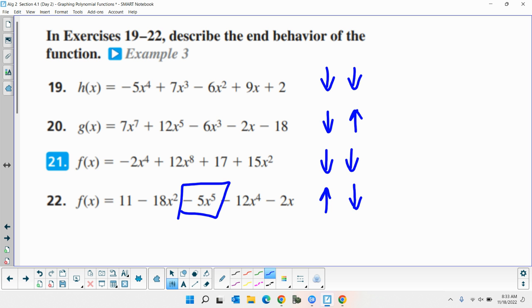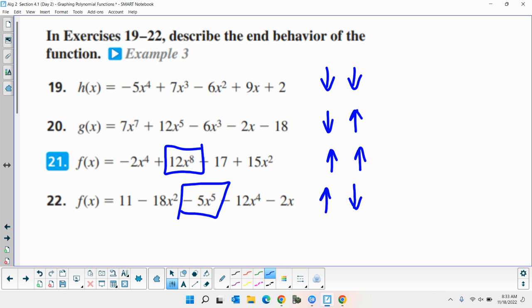Oh, it does matter. I didn't check. You're right. Sorry. Thanks. So this is going to change. All right. So positive leading coefficient, far right's up, and even degree, same direction. So far left is up. I didn't even catch that.